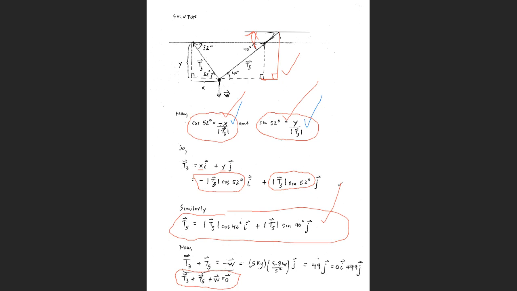That means the sum of the two tension vectors has to equal the negative of the weight vector. Because the weight vector in the picture is pointing down, but the tension vectors are pulling up. So the sum of the two tension vectors has to equal the negative of the weight vector. And that's how we get this here.